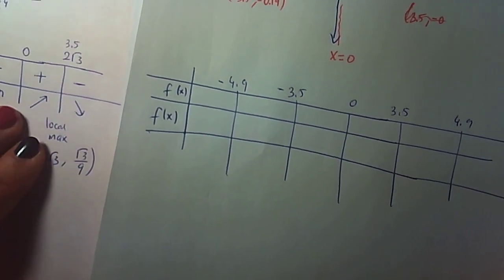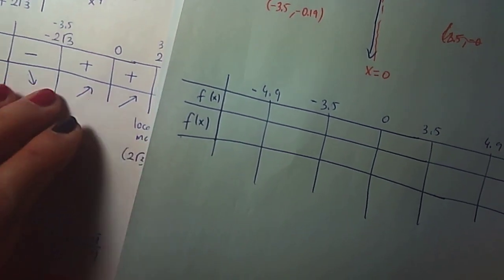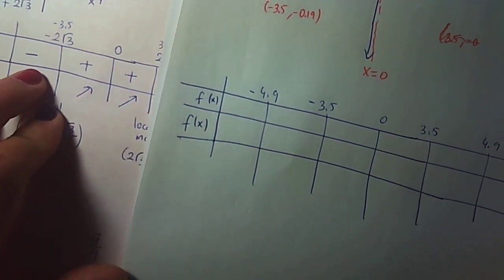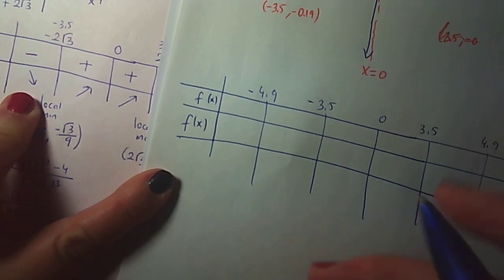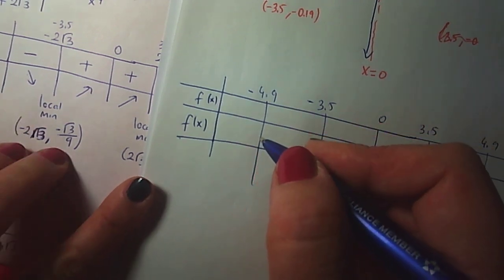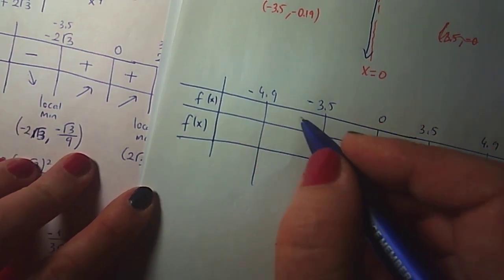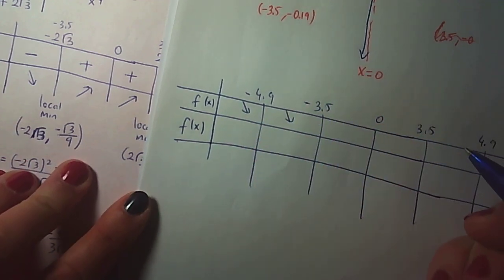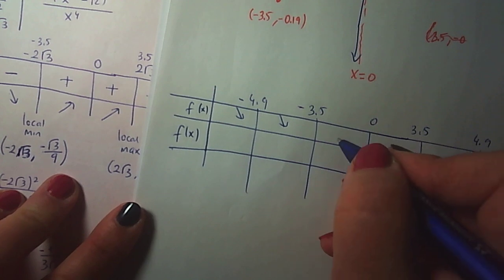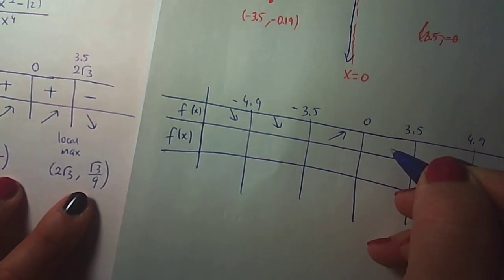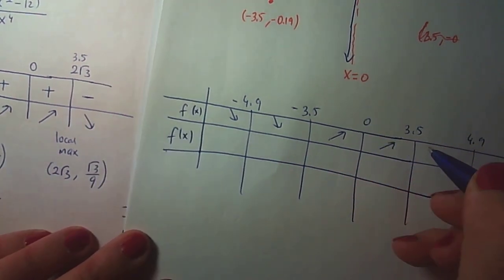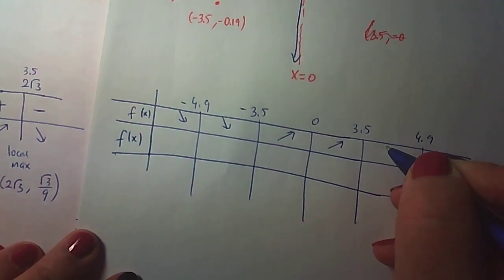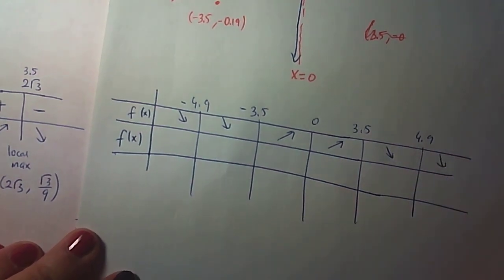Now I'm going to apply the information from the first derivative table. F is decreasing from negative infinity to negative 3.5. Increase between negative 3.5 and 0. Increase between 0 and positive 3.5, and decreasing when x is greater than 3.5.